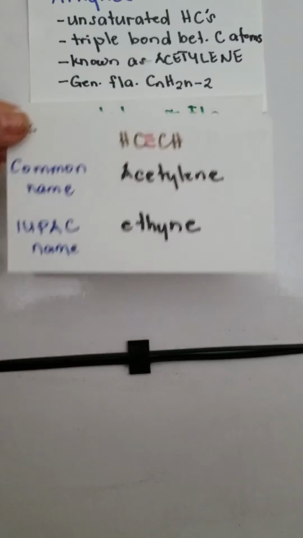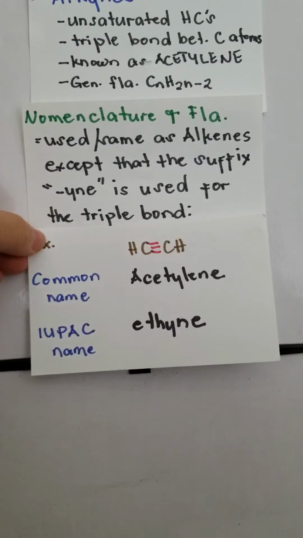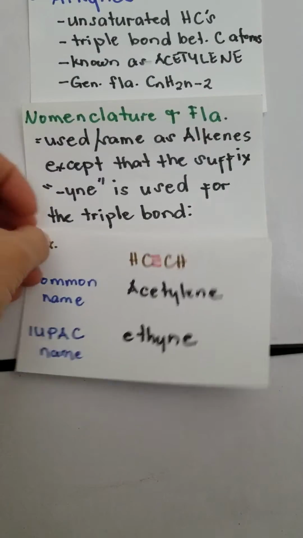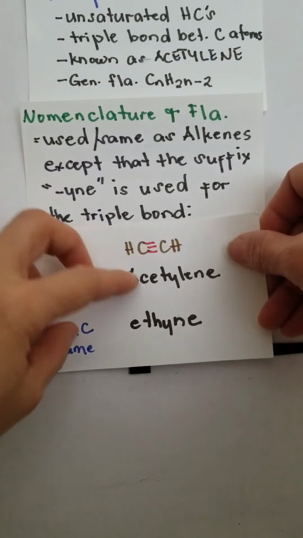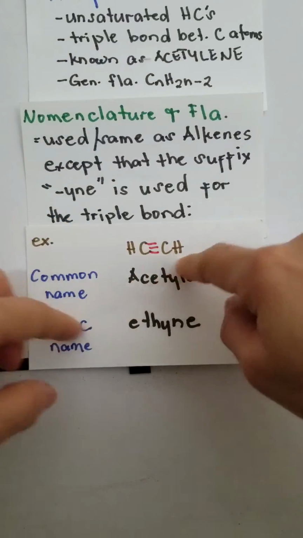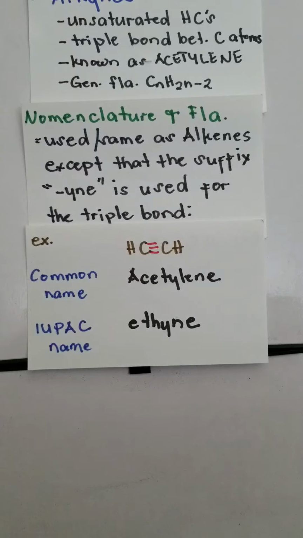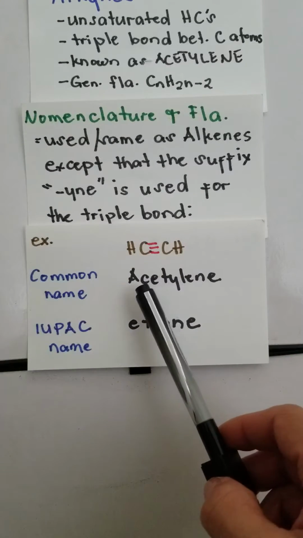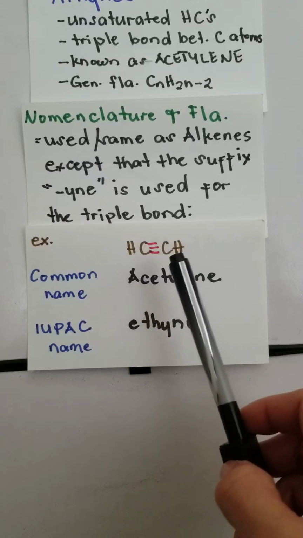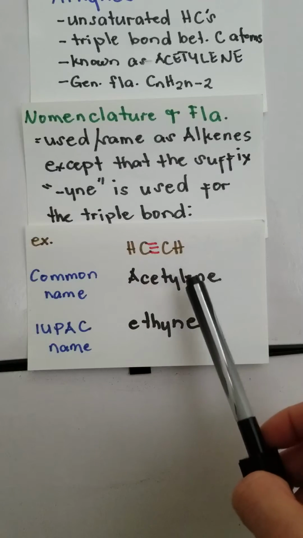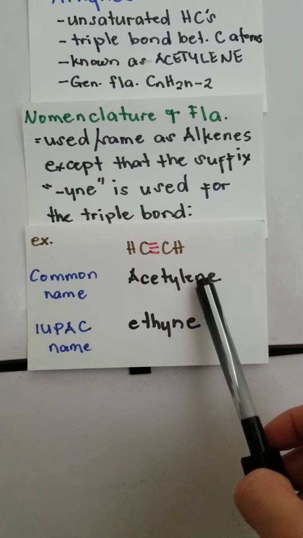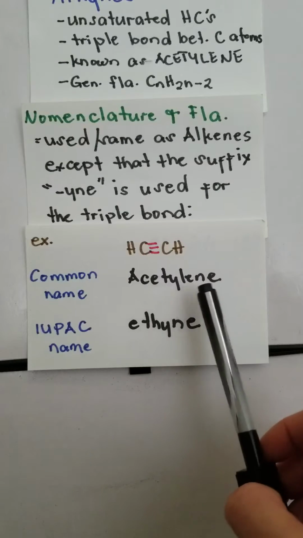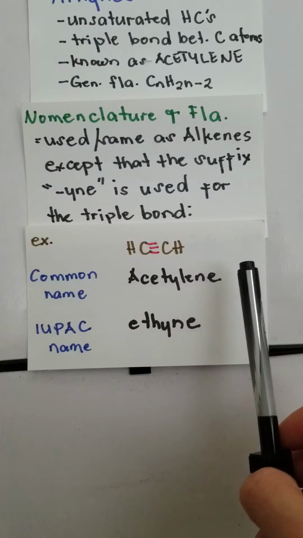Now for example, in our common name system, if we have this structure, having 2 carbon atoms, the prefix is acet, and then ylene as our suffix, as in the acetylene series.